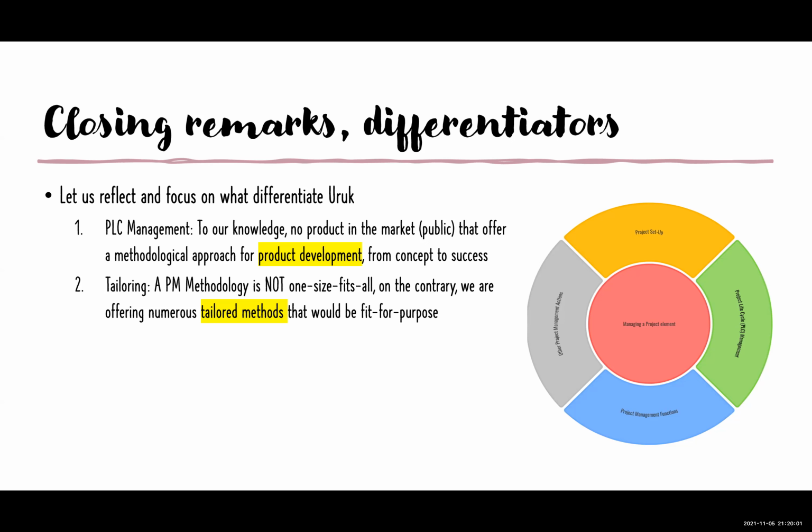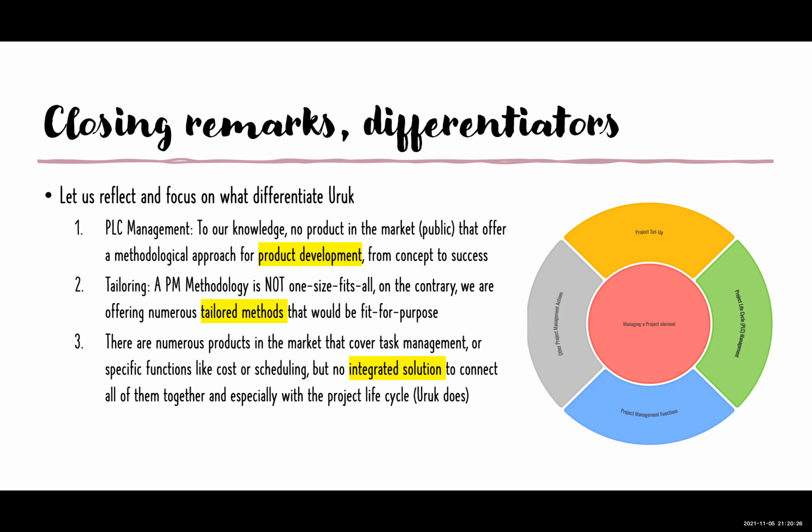Everything else will still be there, because obviously the cost, the scheduling, the uncertainty management, the communication, all of that is built in. The only thing that will be different is the life cycle model, and we will be able to build it very quickly because we have all the components. So the power of tailoring is there for us and is available to provide to our clients.